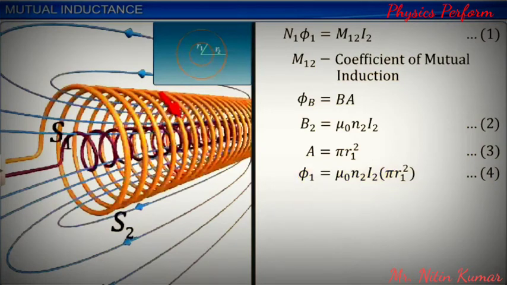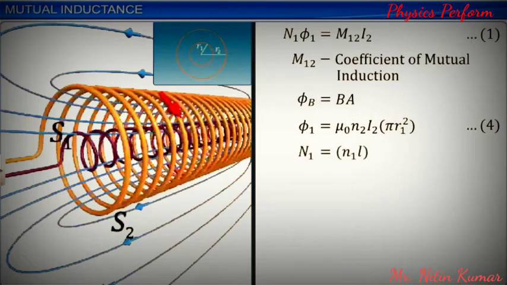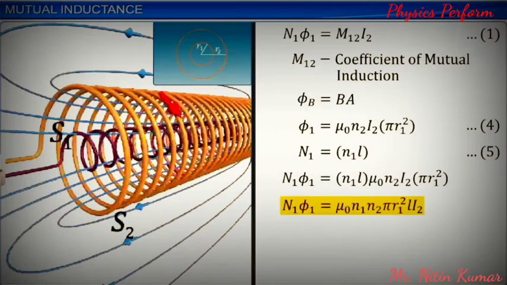Also, we know that N1 is equal to n1 L. Let this be equation 5. On multiplying equations 4 and 5 and simplifying the right-hand side, we get the expression N1 phi 1 equal to mu naught n1 n2 pi R1 square L I2.